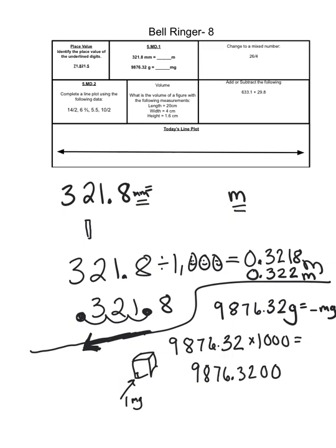Put in some zeros as a placeholder. We've got to move this over 1, 2, 3 spots. That's a big number. Okay, so that gets me to 9,876,320 milligrams.